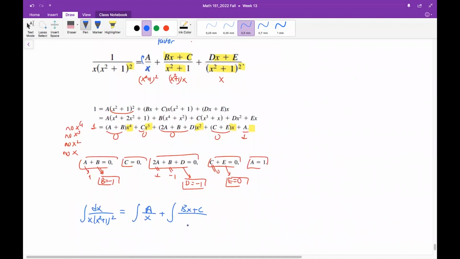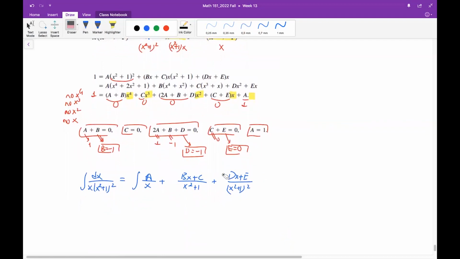Bx plus c over x squared plus 1, okay. And then the last term, dx plus e over x squared plus 1 squared. So, like that.